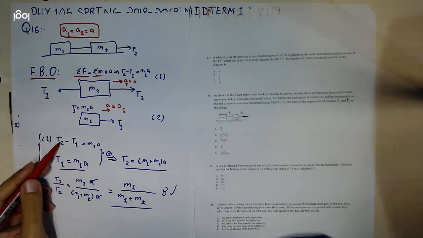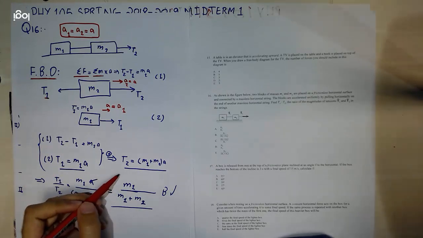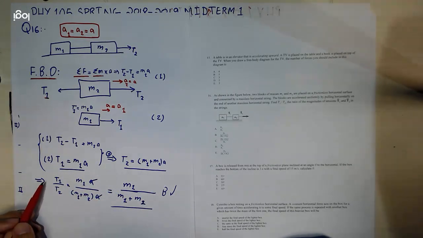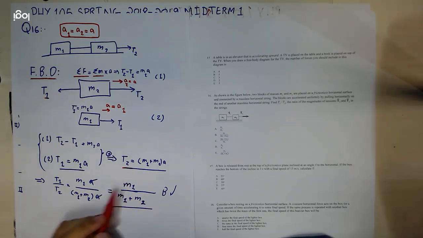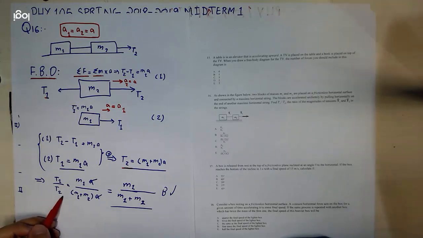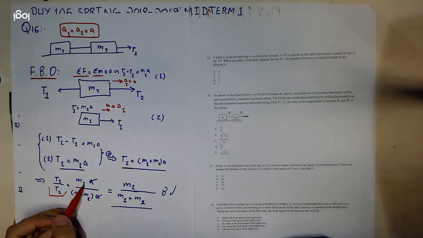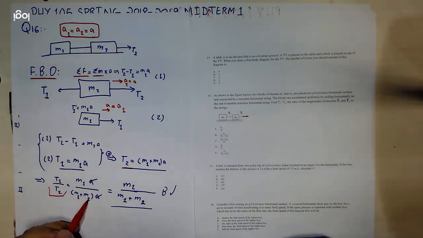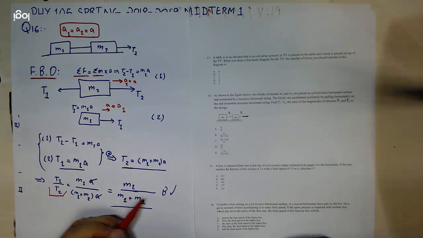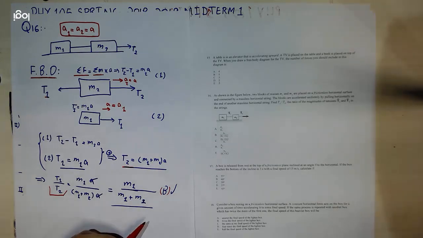If we sum up the equations, we get T2 equal to M1 plus M2 times A. What does the question ask? T1 over T2 is equal to M1A over (M1 plus M2) times A. The A's cancel each other, and our answer for T1 over T2 is M1 over (M1 plus M2), which is choice B.